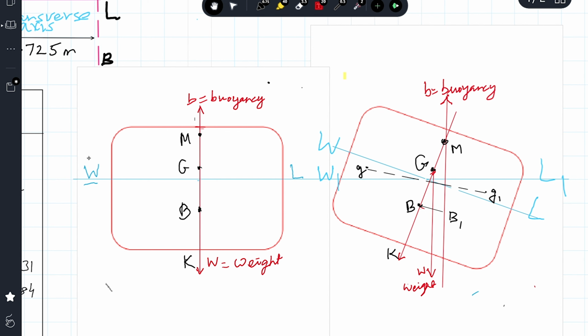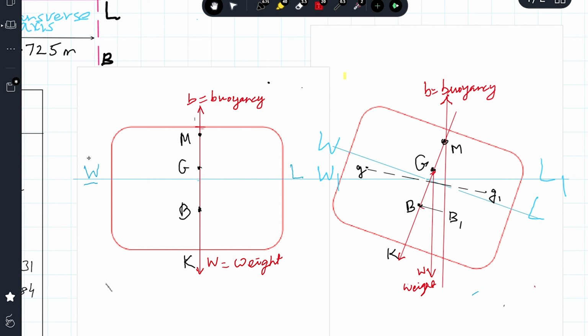Why transverse? Because this is transverse movement of the vessel. Port starboard or the rolling motion is the transverse movement. So when the transverse movement has taken place and the center of buoyancy has also shifted transversely from B to B1, that's why it's called transverse metacenter.